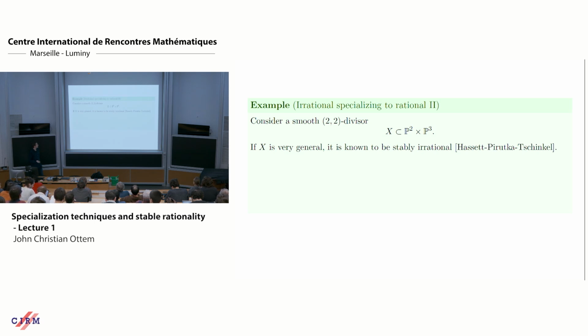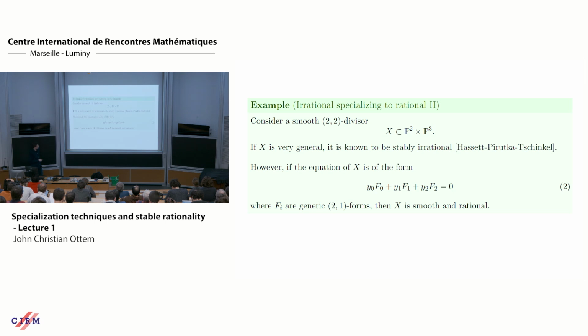So most 2-2 divisors are irrational. But there are some smooth rational ones. So if you choose the equation to be of this form, so here I think of the variable, you have some x's here and y's here, then this is actually a rational variety.